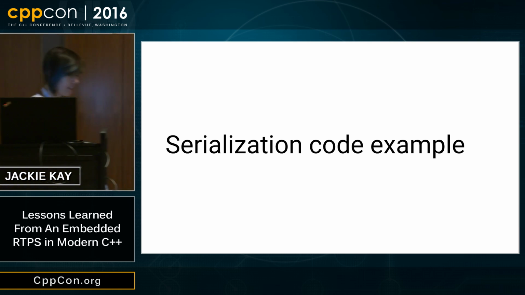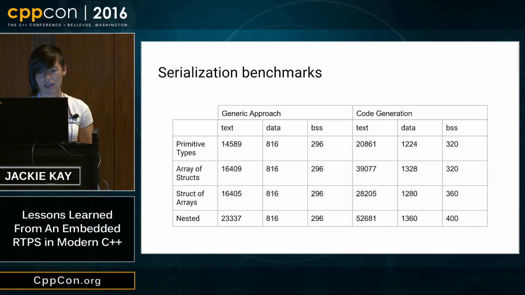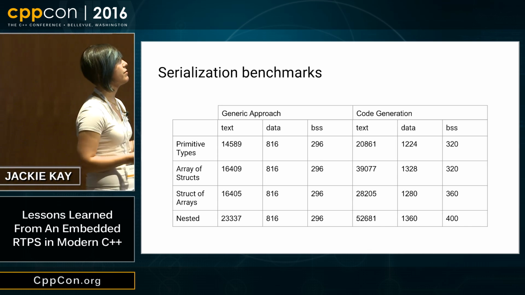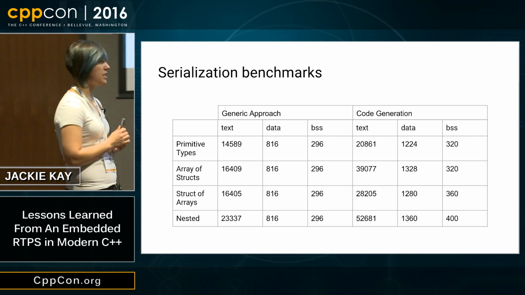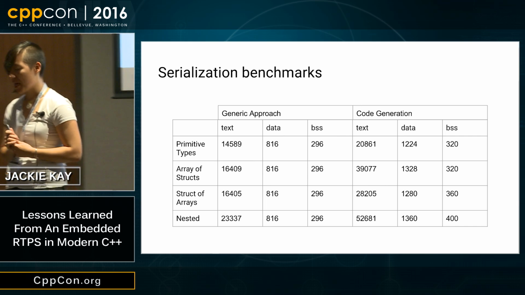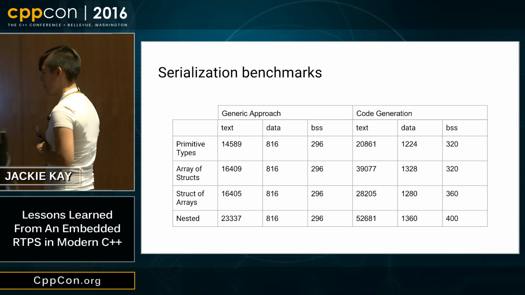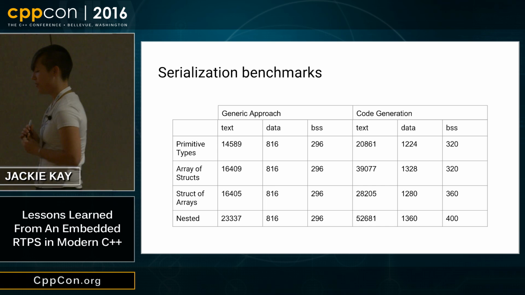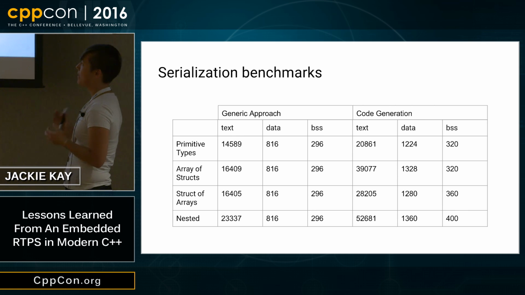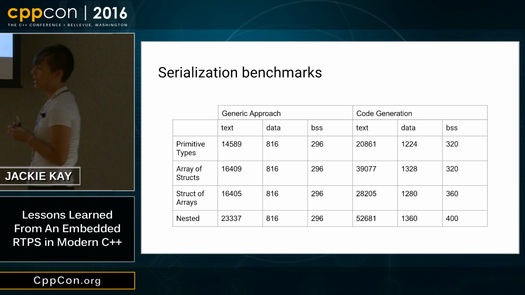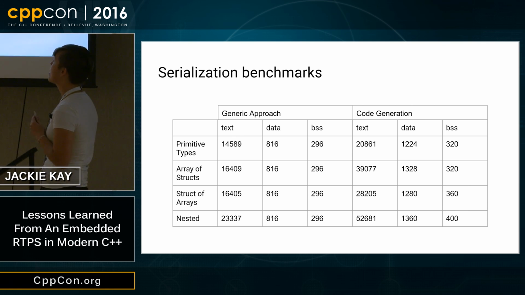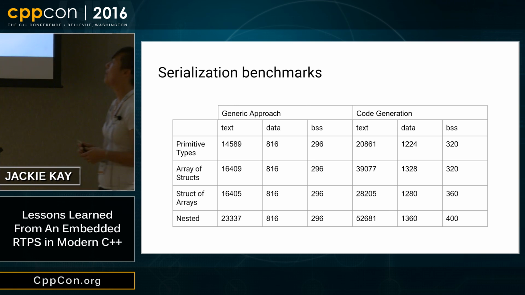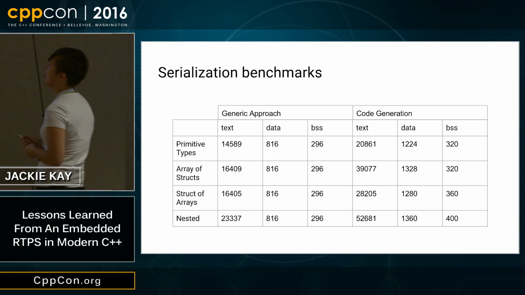I wanted to show you a benchmark over some various file types using these two different styles, because I think it's common that people don't use this kind of metaprogramming on embedded. I wanted to show that it can indeed fit in this really limited space we have for code size, and it actually does a lot better for these particular message types than the code generation example.